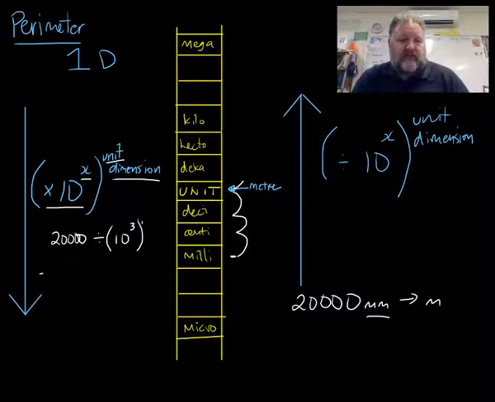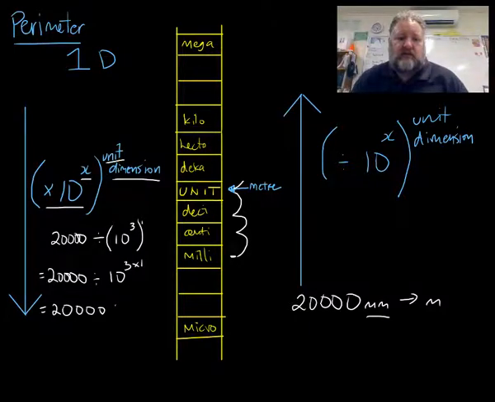So we can write this out. 20,000 divided by, well, this will be 10 to the power of 3 times 1, which is just 10 to the power of 3. We know that 10 to the power of 3 is just a 10 with 3 zeros after it.